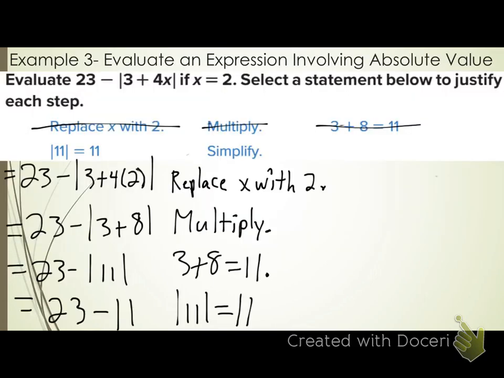I'm using these statements up here to justify my steps. Everyone okay with where I'm getting these statements from? They gave me the statements. I've just got to pick which one goes with the correct step. Now I've got one more operation. 23 minus 11 gives me what? 12.